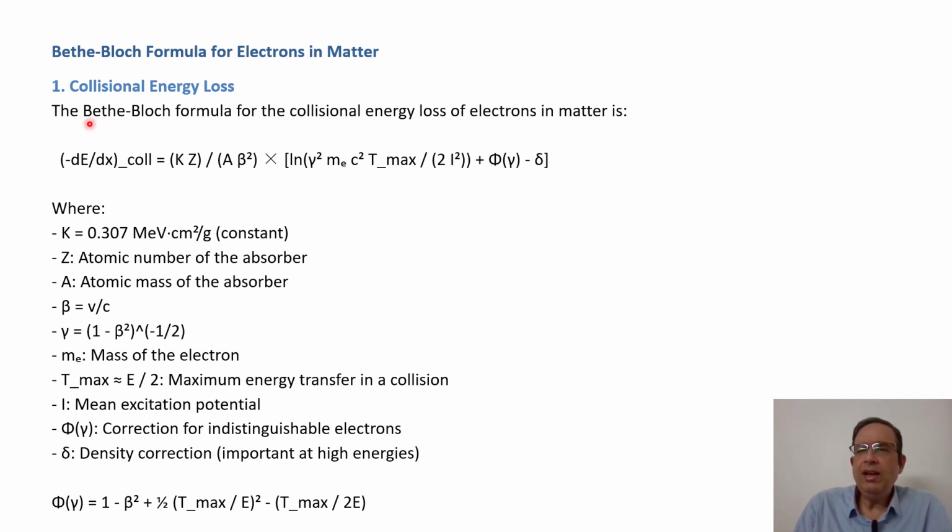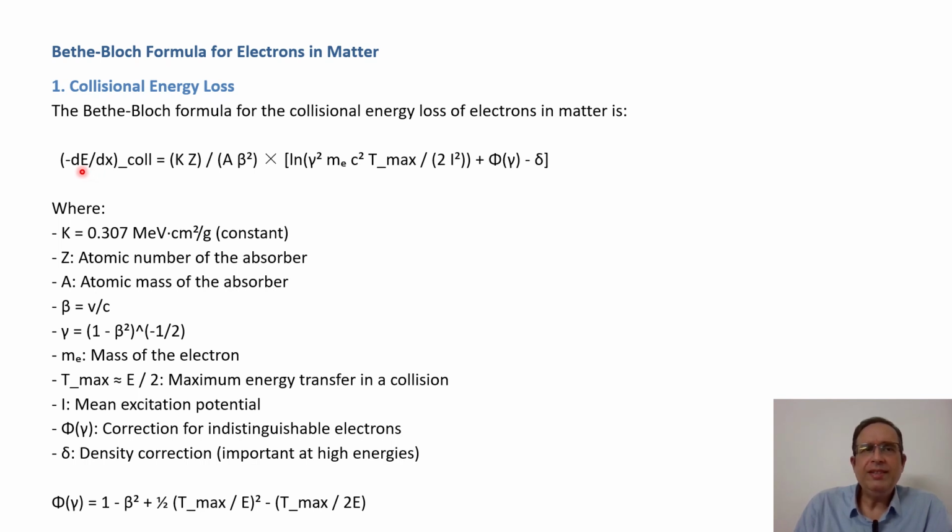The radiative loss is the loss due to Bremsstrahlung radiation, and the collisional loss is where the electron collides with another electron and in the process loses its energy. In that case, the stopping power for the collision is minus dE by dx, as I described in the previous subunit. You can look at that subunit to understand the definition of stopping power.